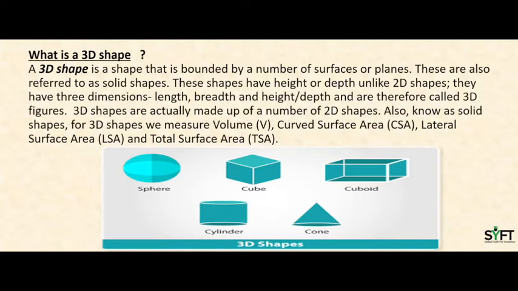For 3D shapes, we measure volume, CSA, that is curved surface area, LSA, that is lateral surface area, and TSA, total surface area. Below are examples of 3D shapes: sphere, cube, cuboid, cylinder and cone.